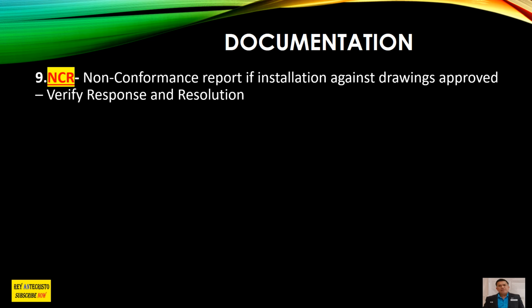And this material delivery is not as per specs. Now the contractor insisted on installing, they are not listening. So you already submitted an observation, surveillance, and that's the time we need to raise an NCR to them. So issue an NCR, non-conformance.